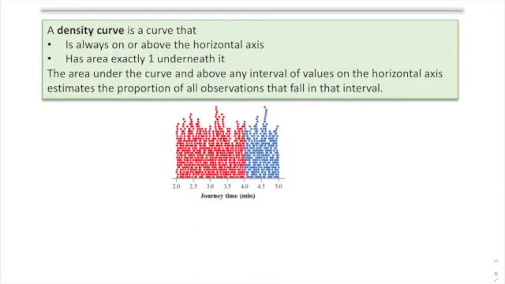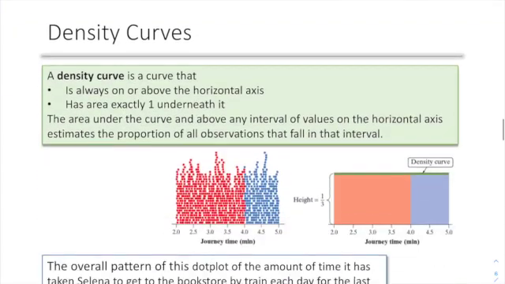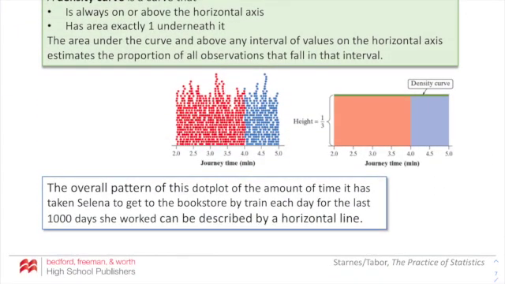Okay, so here the example is about people's journey time, we'll say to work. We have 2 intervals that they've broken up by color, 2 minutes to 4 minutes and 4 minutes to 5 minutes. So here what we have is a density curve model to represent this dot plot. It's essentially, as you can see, 2 rectangles.